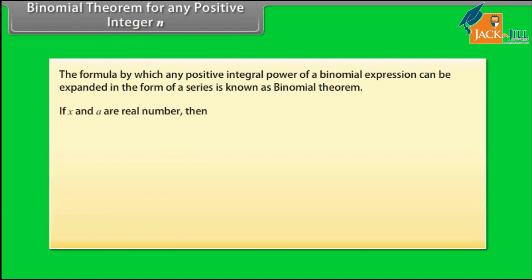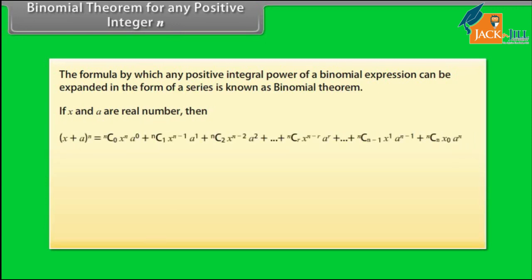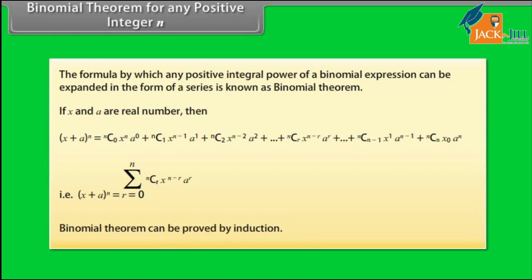If x and a are real numbers, then (x + a)ⁿ is equal to the summation from r = 0 to n of nCr times x^(n − r) times a^r. The binomial theorem can be proved by induction.